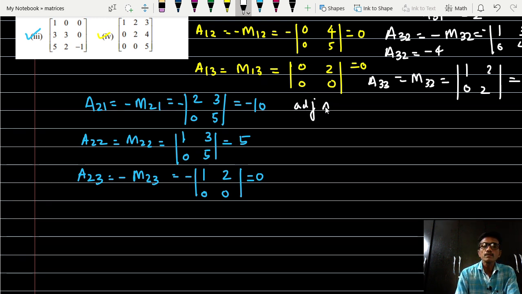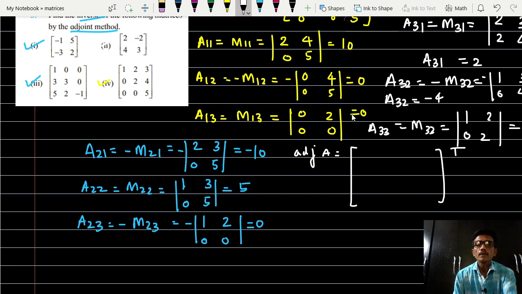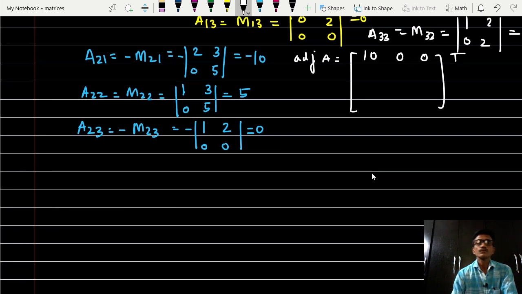Adjoint of A is equal to the transpose of the matrix of cofactors. So what is A11? A11 is equal to 10. Then A12 is 0. A13 is 0. A21 is equal to minus 10.